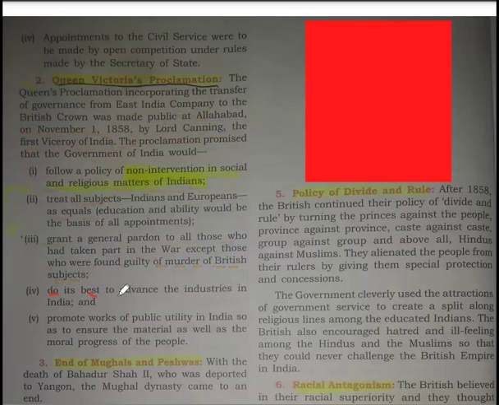It would do its best to advance British industries in India and promote works of public utility in India so as to ensure the material as well as the moral progress of the people.